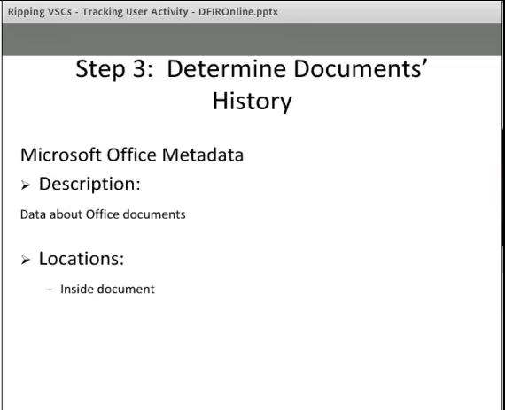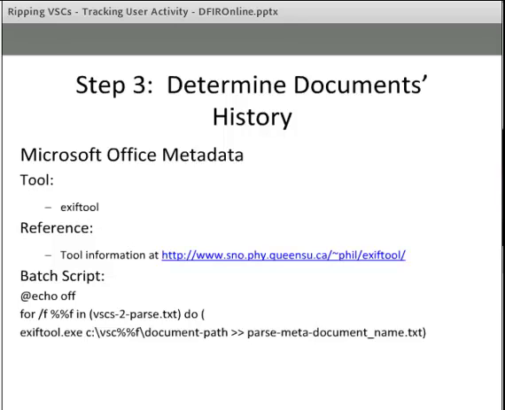So then continuing on, step 3 is going to be examining the document's history, and we're going to be examining it by looking at the data that's inside of it, the metadata. The tool I'm going to be using is a tool that a couple of people on Twitter pointed out to me a couple months ago.